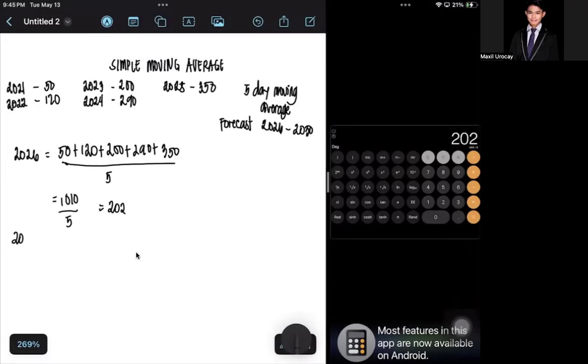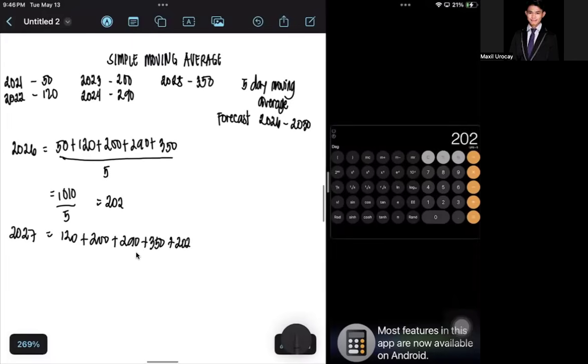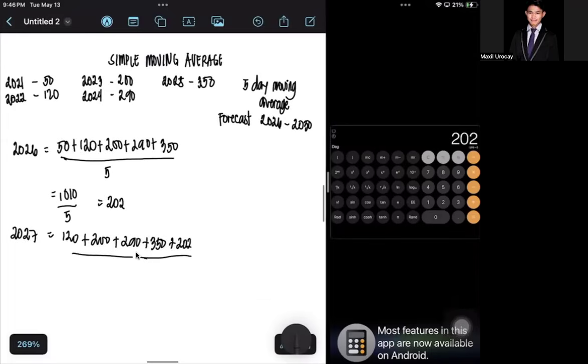Now, what about 2027? As we have mentioned, you have to switch the data set. So 2021 will be removed. So automatically 120 plus 200 plus 290 plus 350 plus 202 over 5.